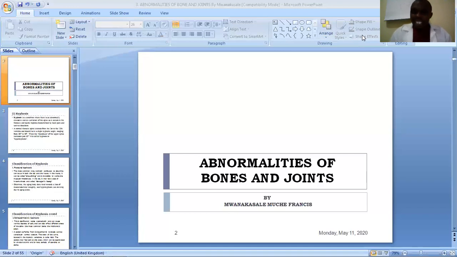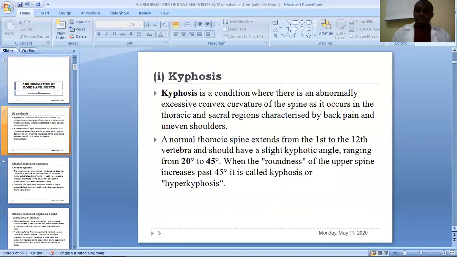Now, what is this kyphosis that we are looking at today? Kyphosis is a condition where there is an abnormally excessive convex curvature of the spine as it occurs in the thoracic and sacral region, characterized by back pain and uneven shoulders.